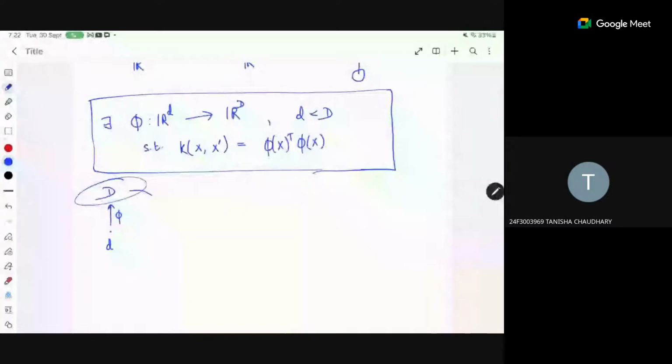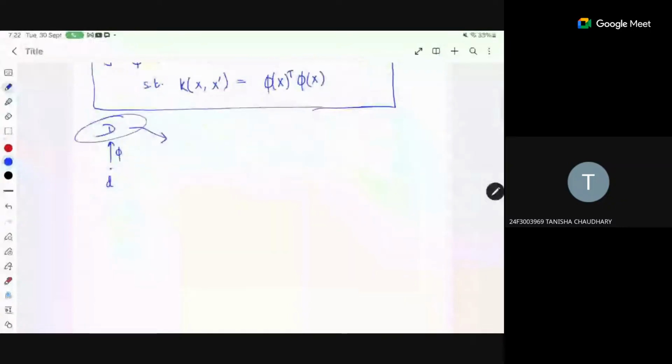If we think about the steps that we have seen in PCA so far, what should happen now? Now we no longer are dealing with x1, x2, so on till xn. Now what we are dealing with is the data set phi of x1, phi of x2, so on till phi of xn.